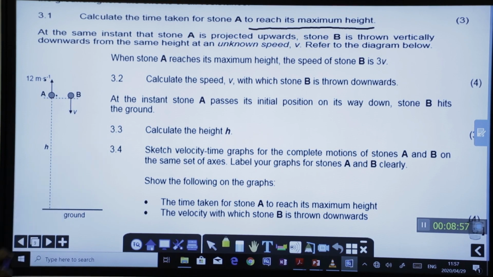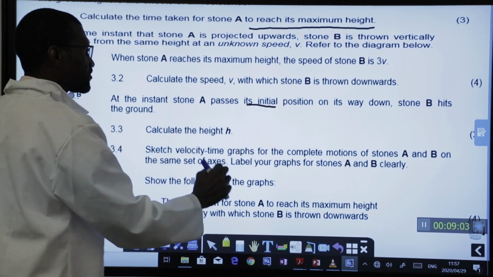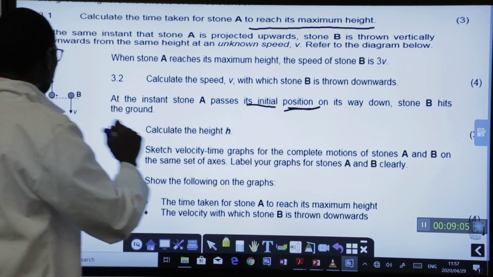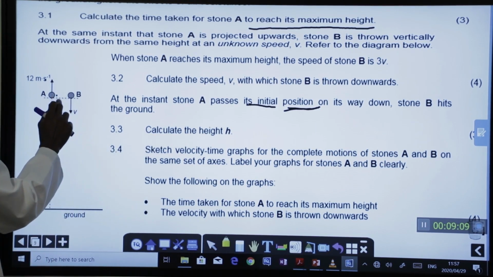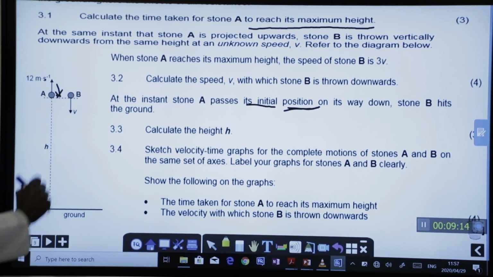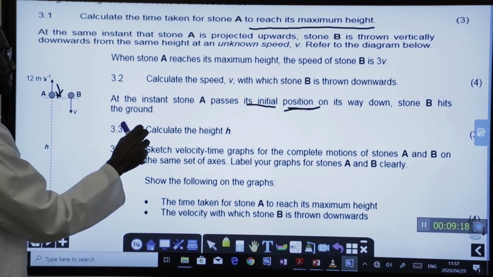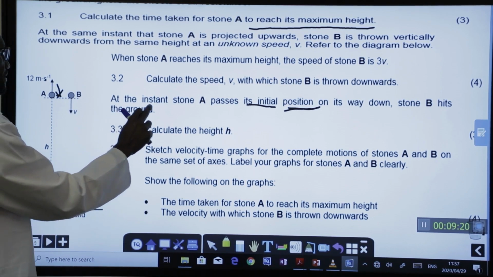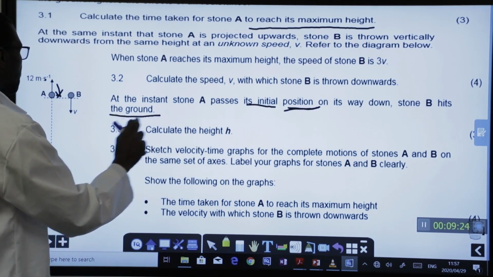Well, question 3.3 says, at the instant that A passes its initial position. So at the instant that A passes its initial position, that is on its way down, stone B hits the ground.